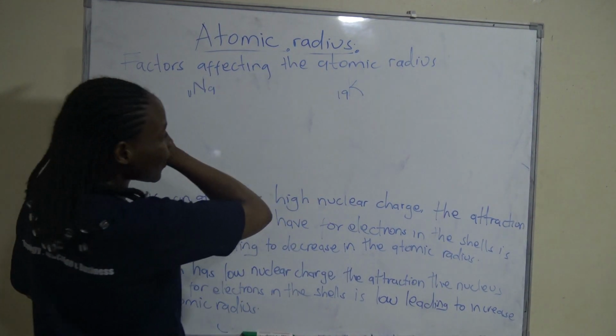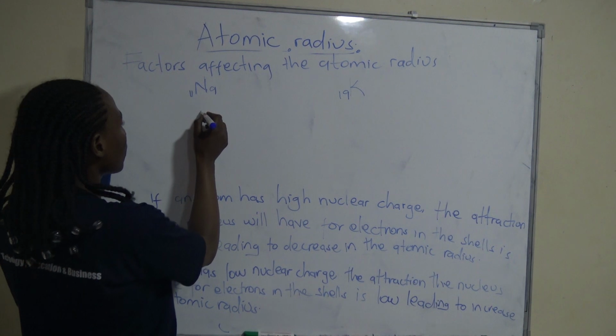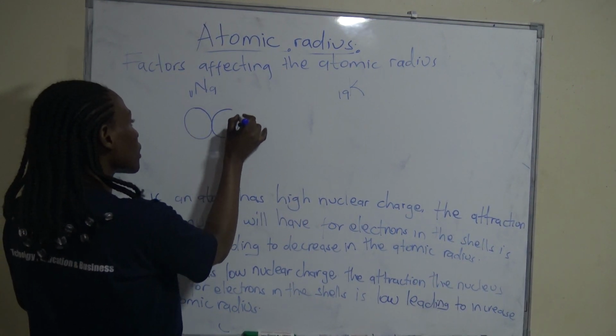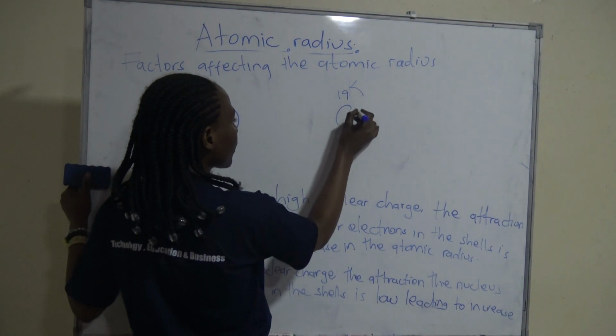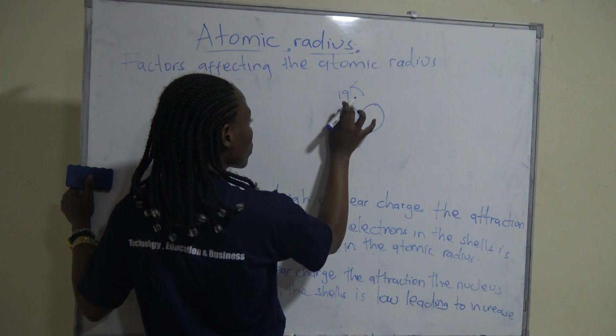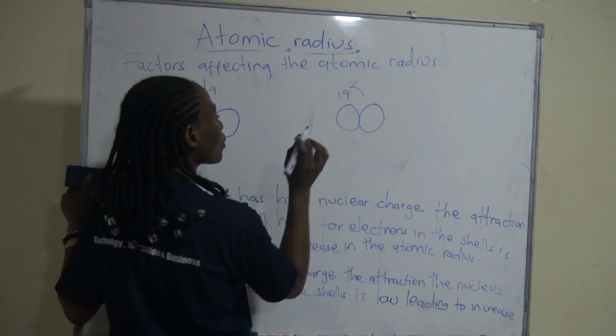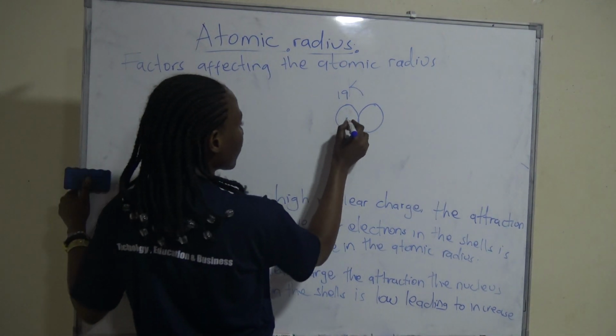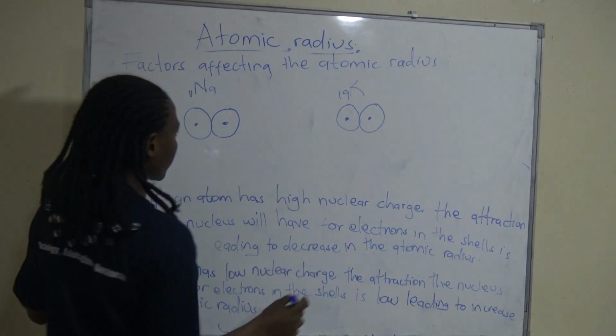So if these are atoms of sodium and then these are atoms of potassium, remember we said identical, closest approach of identical atoms, and all of them are having the nucleus.